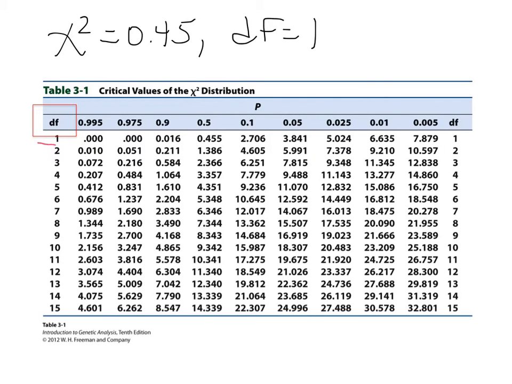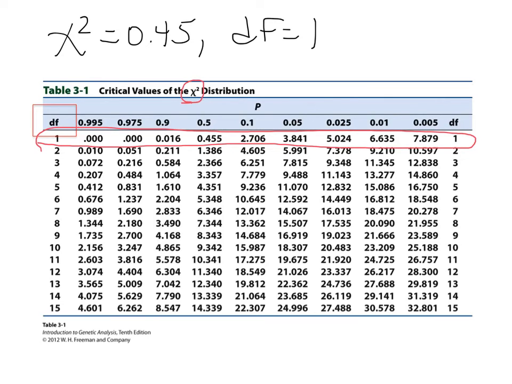We have 1, so we're going to be looking at values in the first row, and this is where we look up the chi-squared test statistic value.